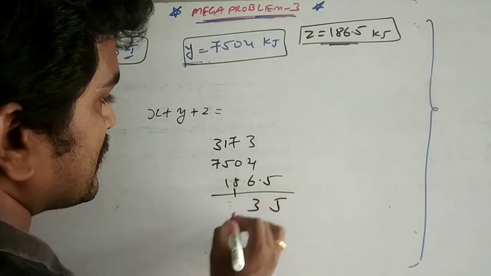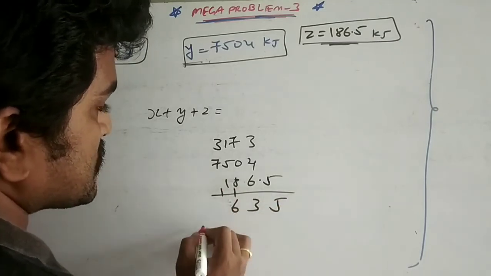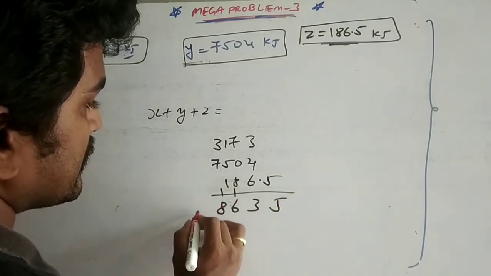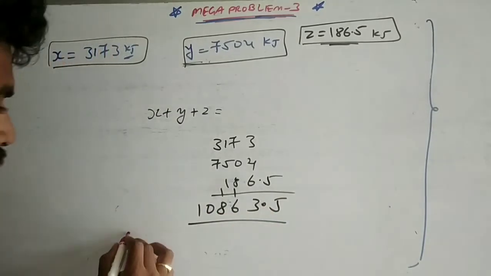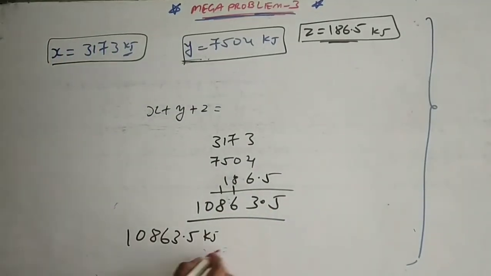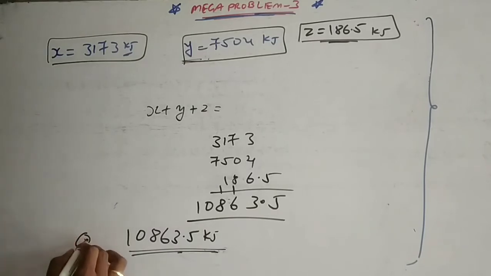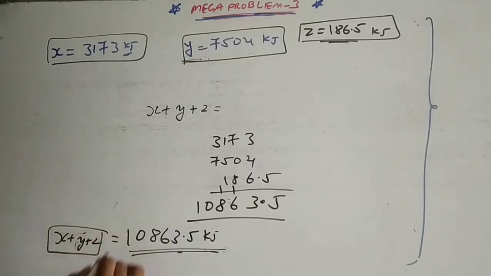So 5, 3, 16, 8, 10. So the value is 10963.5 kilojoules. That is the X plus Y plus Z value. Like this, we can do this problem.